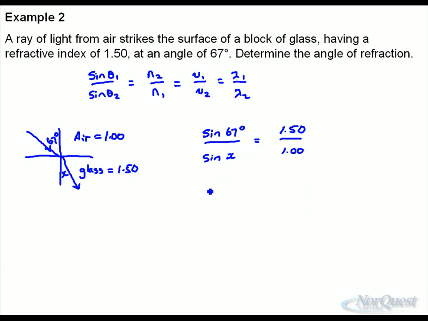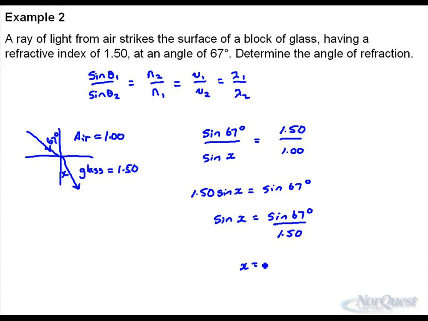This turns out to be 1.50 times the sine of x equal to sine 67 degrees. So sine x equals sine 67 degrees over 1.50.